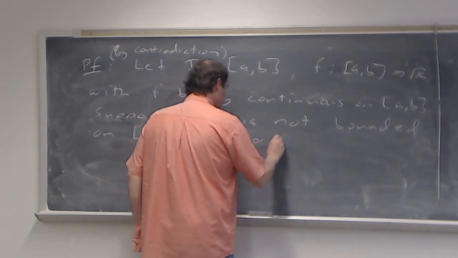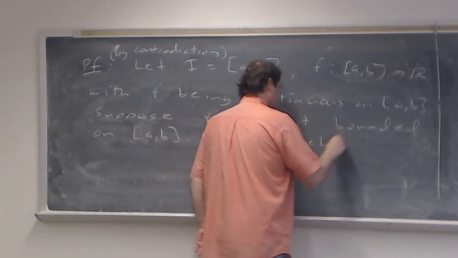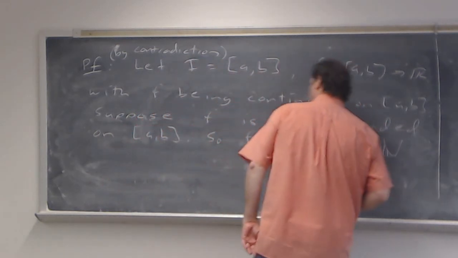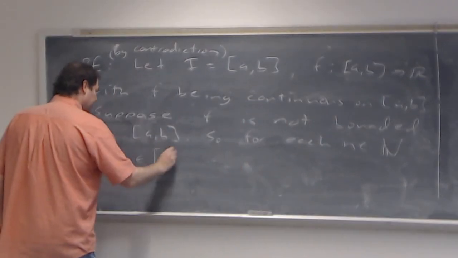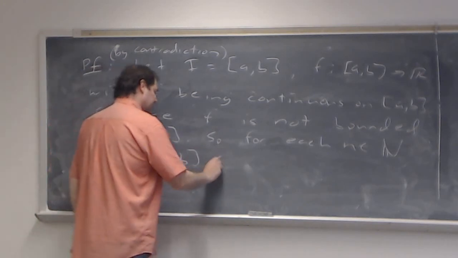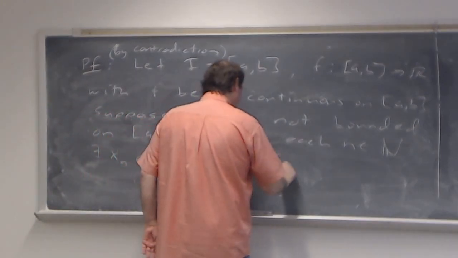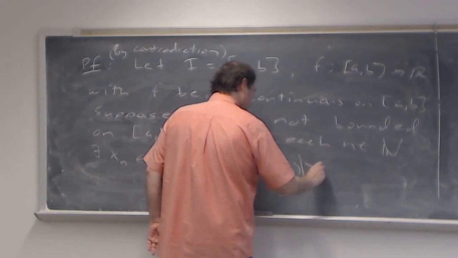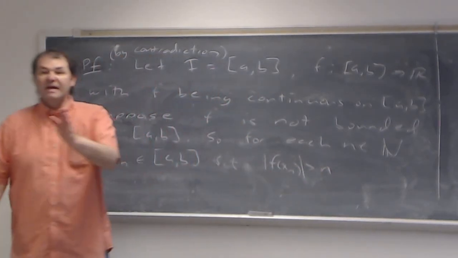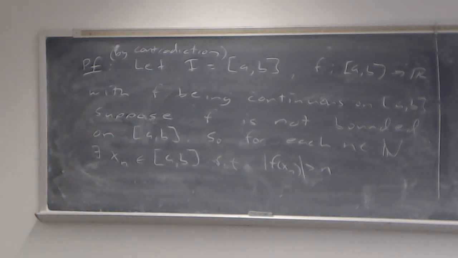So for each n, element of natural numbers, there exists an x of n, element of A to B, such that the absolute value of f of x of n is greater than n. N couldn't be the bound, because it doesn't have a bound. So there's some input value such that the absolute value of f of that input value is bigger than n.